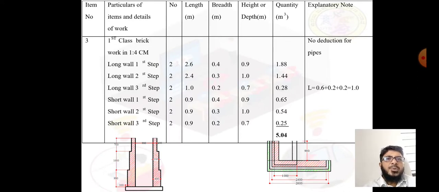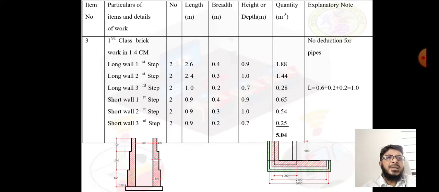Then come to the short walls. First step from the bottom, two numbers; the length is the same, because you can see from the plan how we have considered the outward length of the long walls. So only 0.9 meter length remains. All short wall lengths are 900 mm only: first step 900, second step 900, third step also 900, uniform width.